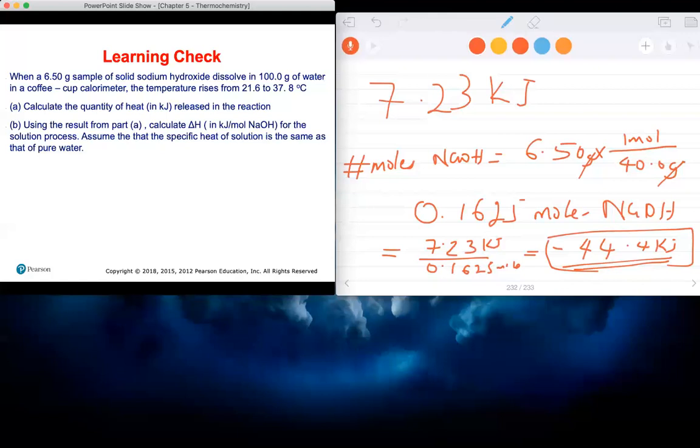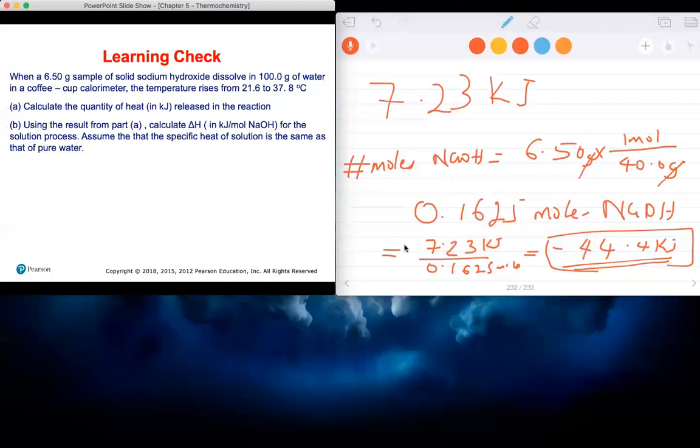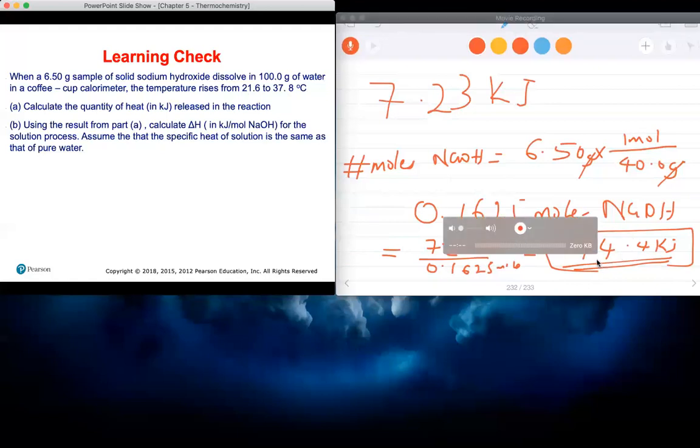So that means the final answer should be negative, meaning an exothermic reaction. If the temperature drops from 37 to a lower value, then it is endothermic, and the final answer will be positive.